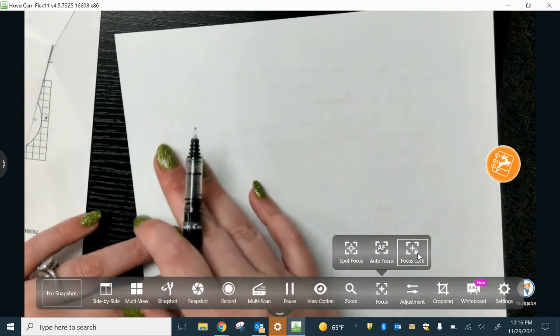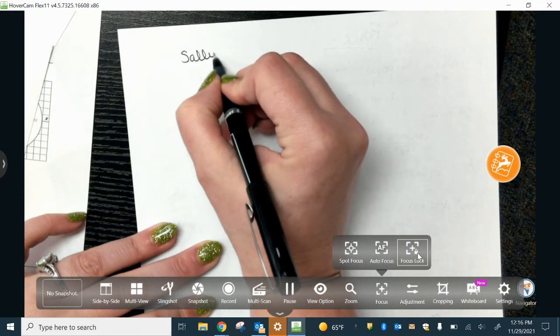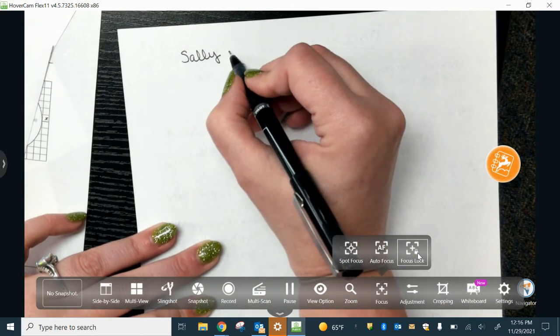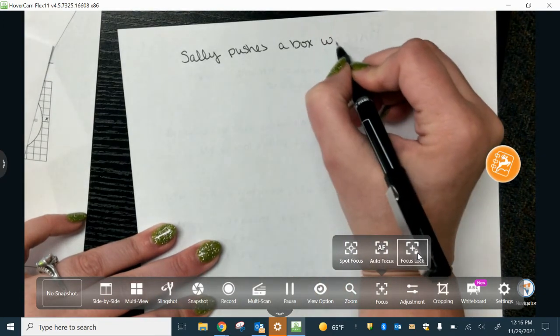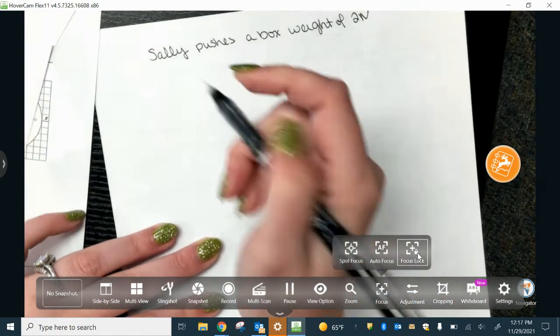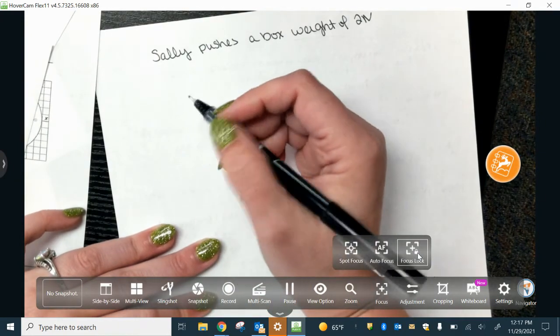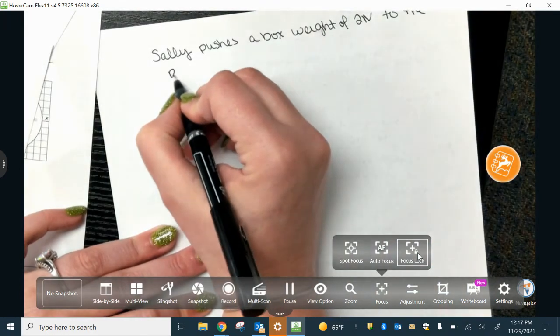All right, I don't have the boxes printed out, but they will be on your retest, and a lot of people miss them. So I'm going to simulate the boxes on here, but let's say Sally pushed a box with a weight of 2 newtons to the right.